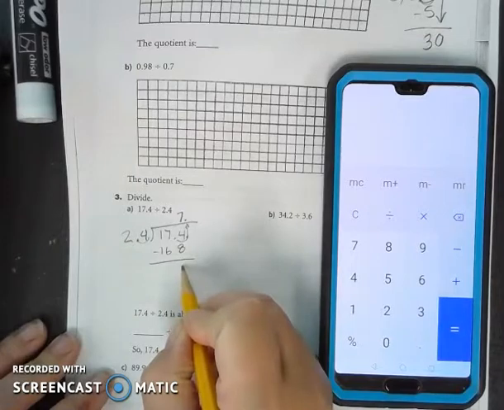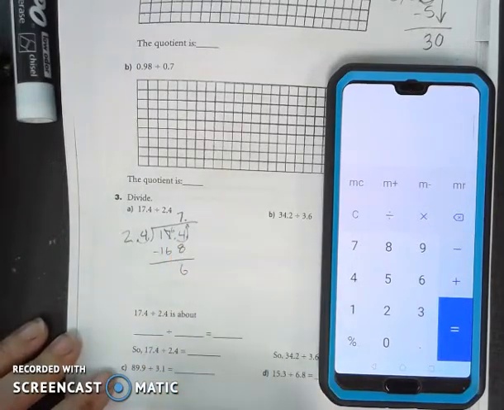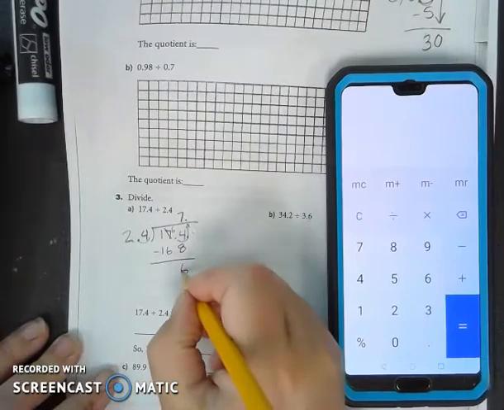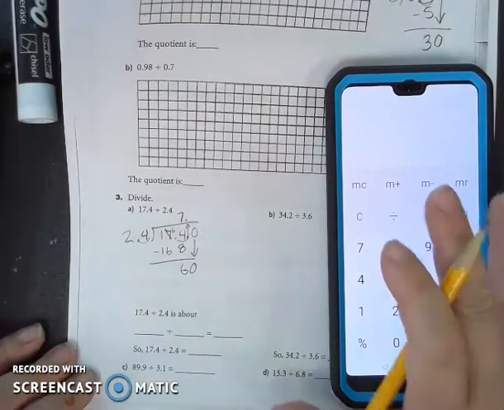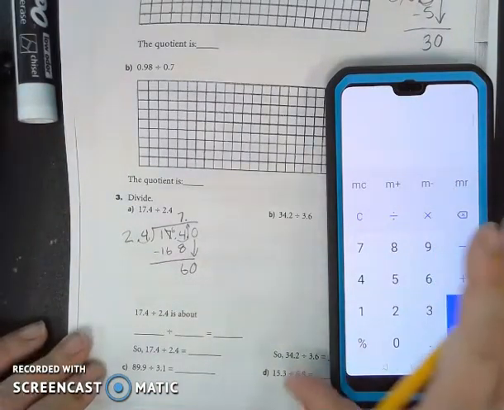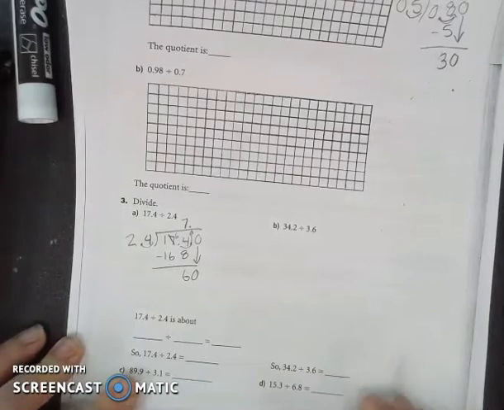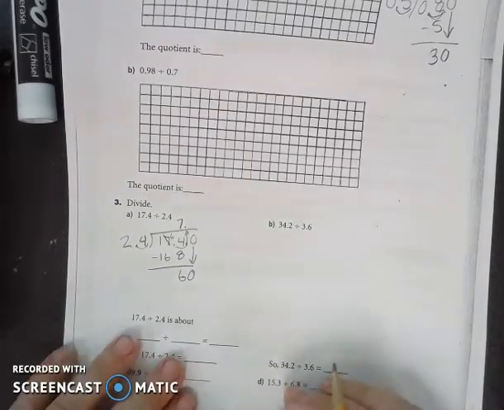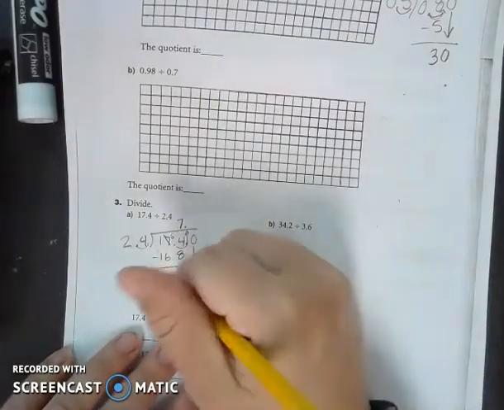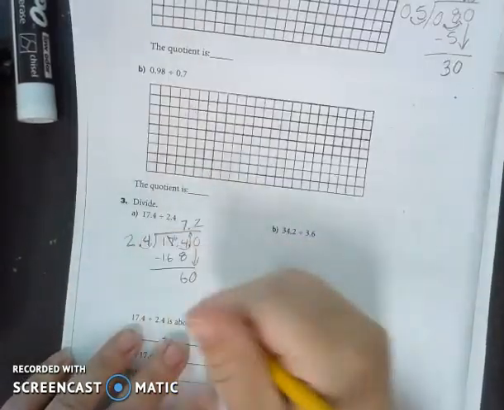So that would be 6. I borrow this. Now I'm going to add on another 0, move it down. And then I know fairly confidently how many times 24 goes into 60. If you don't, you can use your calculator, but I know pretty confidently that it's going to go into there 2 times because 3 would be around 75, and so I know that it's only going to go in twice. 2 times 24 is 48.